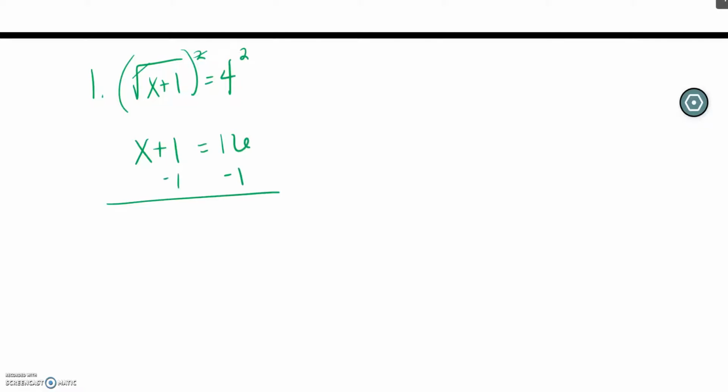Subtract 1 from both sides, and we get x equals 15. Let's check to make sure that we have the correct answer. 15 plus 1 is 16, and the square root of 16 is 4.